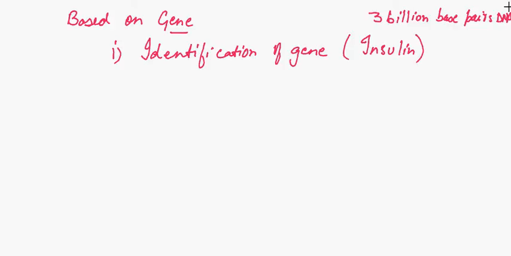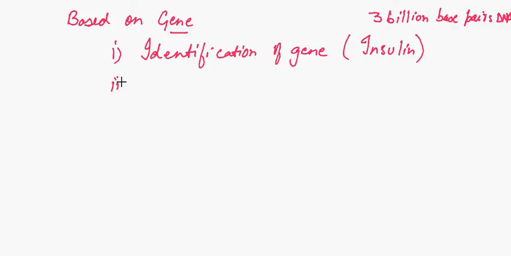From such a big DNA or genome of human, it is very difficult to identify the gene for insulin. So there are different methods to do that, but this is just an overview. I just want to give you the basic knowledge. So here let's just stick to the plan. First thing that we need is to identify the gene.